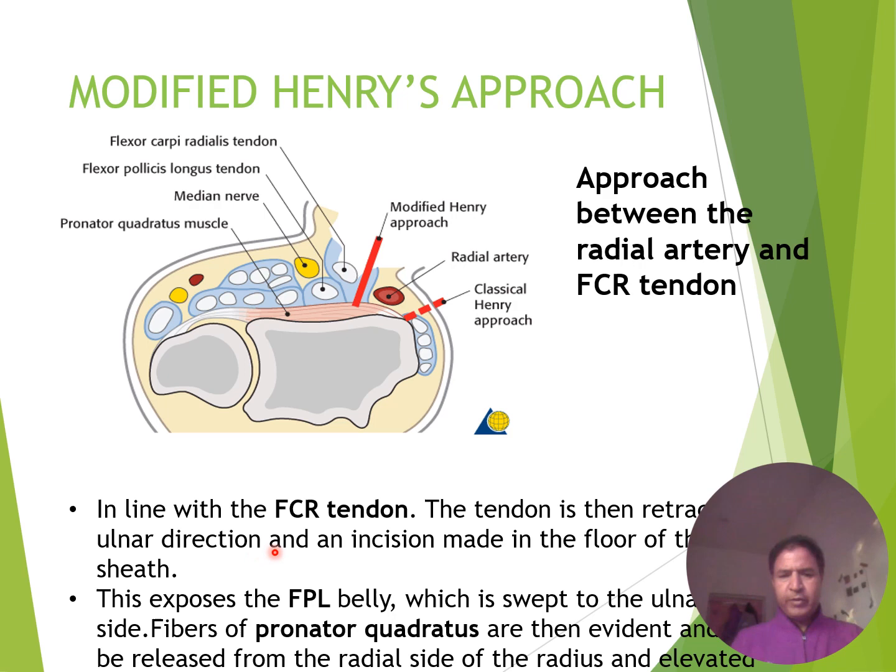In line with the FCR tendon, the tendon is then retracted in the ulnar direction and an incision made in the floor of the sheath that exposes the FPL belly, which is swept to the ulnar side, and fibers of pronator quadratus are then evident, released from the radial side of the radius and elevated.